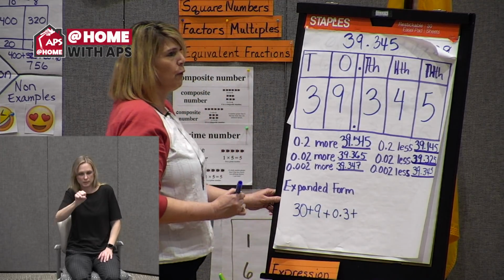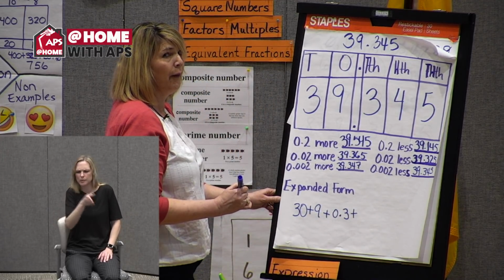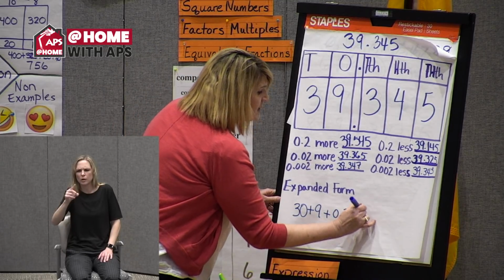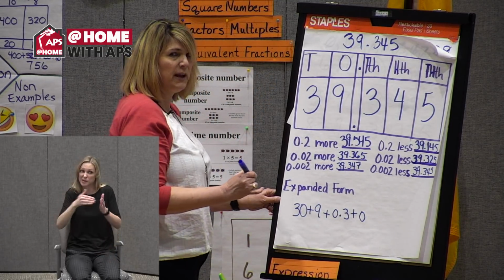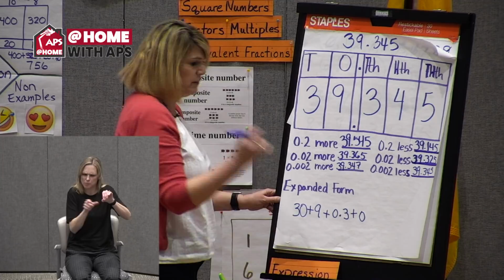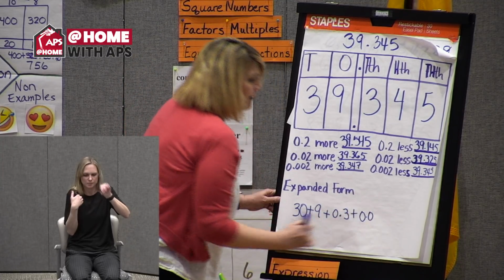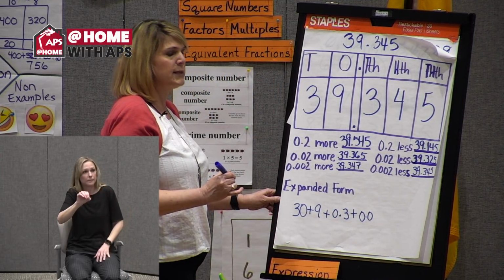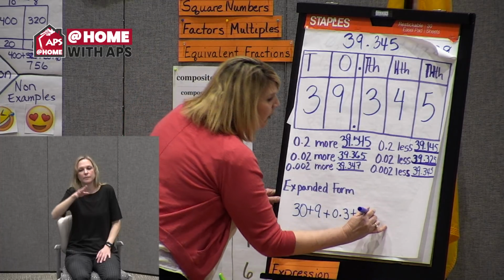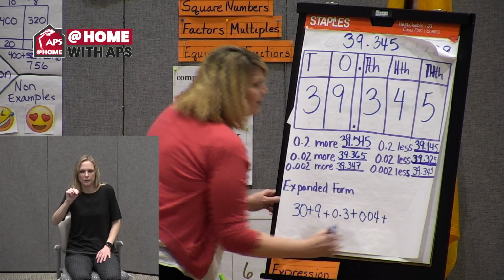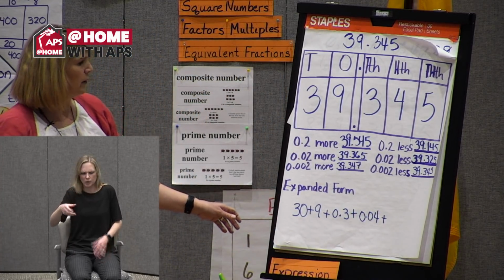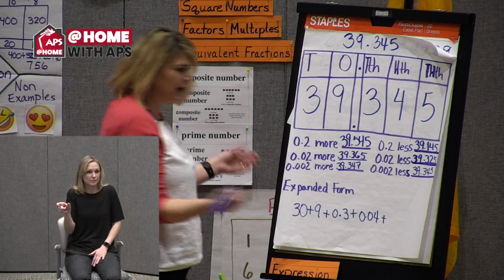What about 4/100? You're right, we're going to start with that 0. But this time, do we have any tenths? No tenths there. And make sure we put a 0 there to represent that. And we have 4/100. See if we can figure out the very last one. I already hear you saying you got to start with a 0.